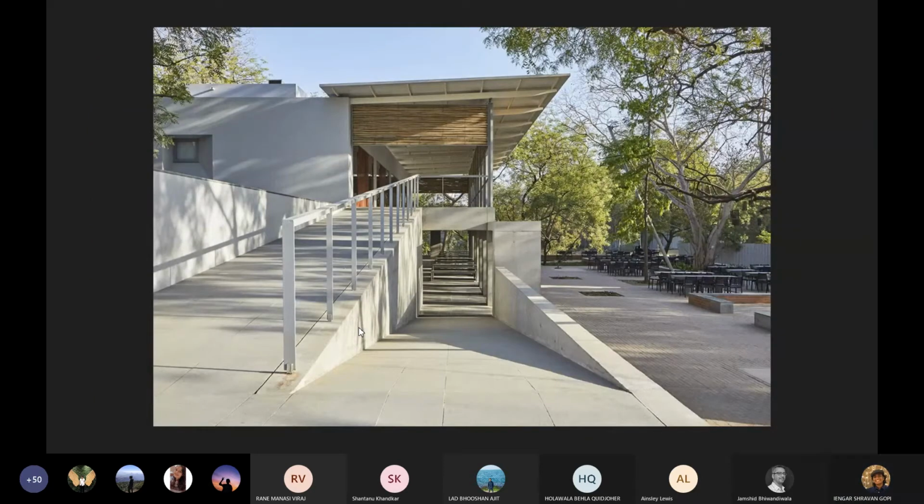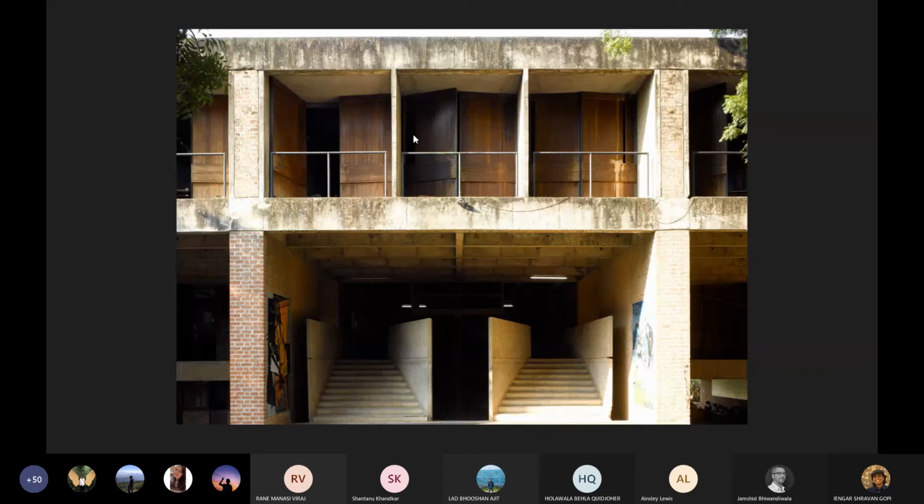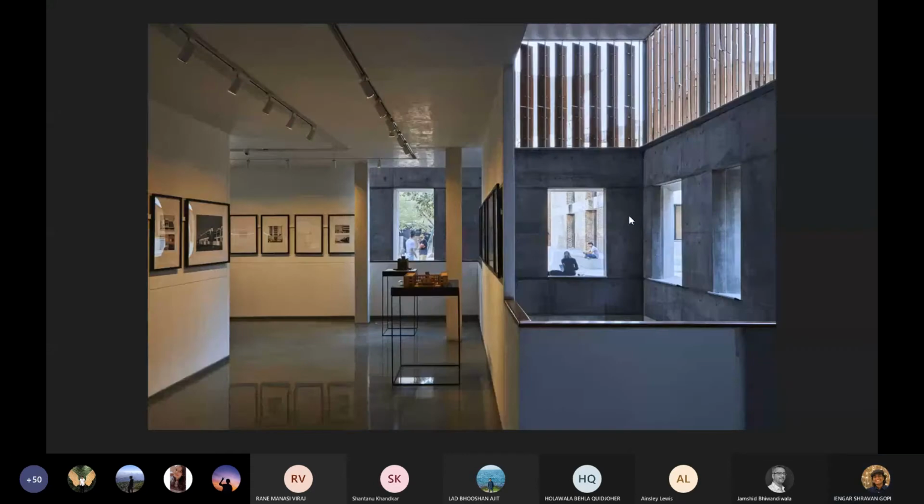And then you have these fenestrations where there's no particular door, but you can still see a portal opening out. And again, these doors that you see over here at the top above the staircase. And this entrance being framed by the beam and walls themselves.